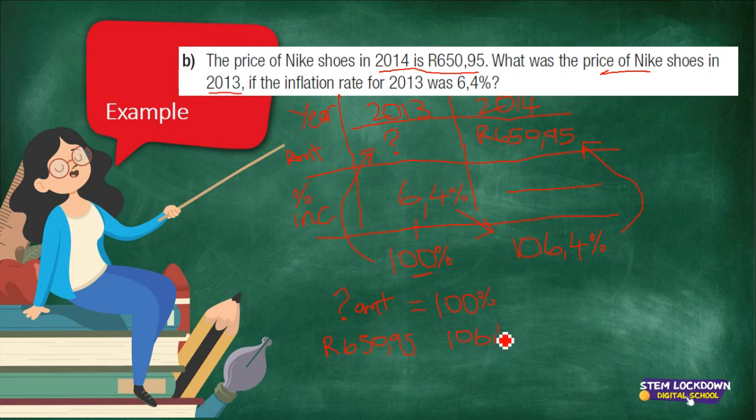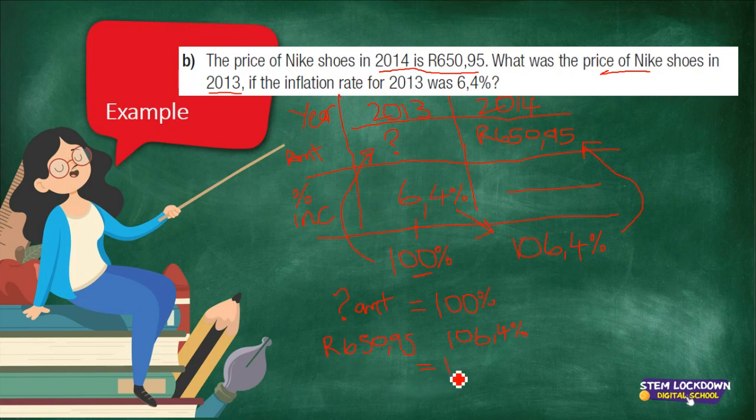Remember, learners, for this method to work, make sure that the same units are on the same side. In this case we have percentages, and in this case we have amounts in rands. So if I'm solving for my unknown, I need to move the 650.95 from the left to the right.